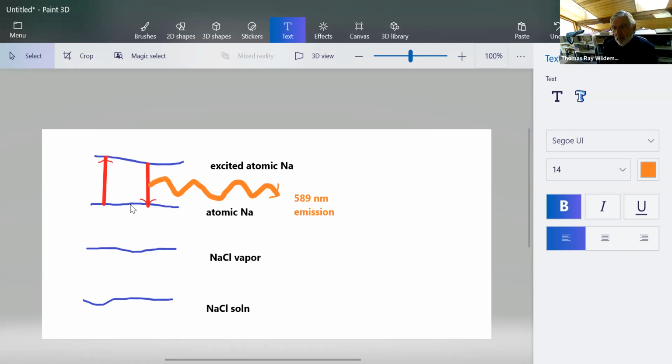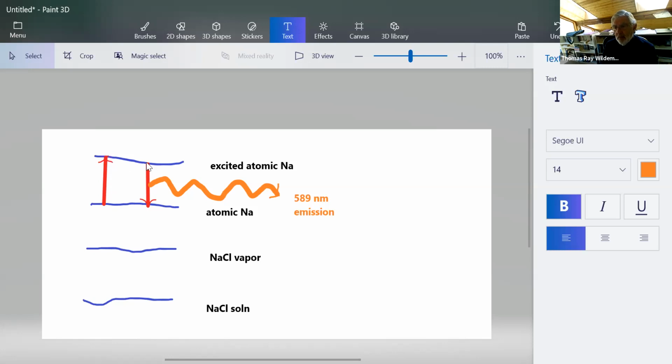With being at such a high temperature, and you just have atomic sodium, what will happen is the electrons will start boiling off this atomic sodium, and it will go into an excited state like such.